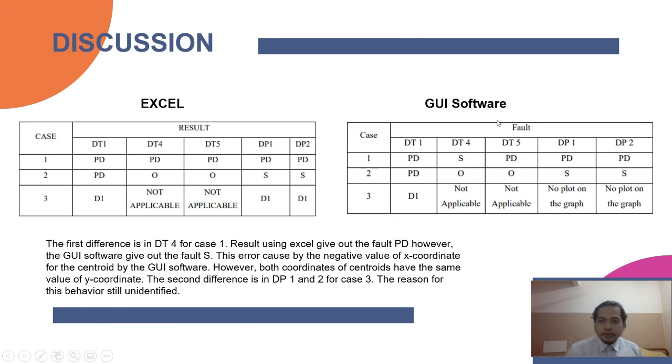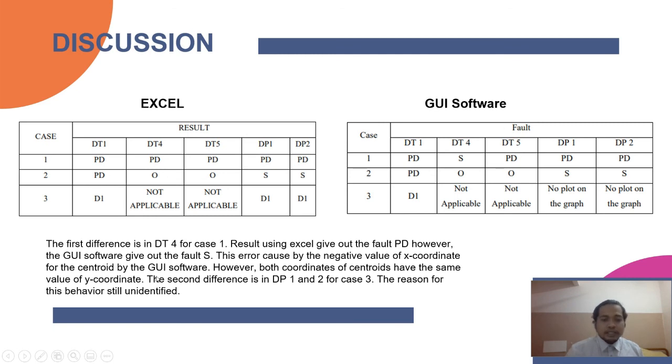However, using the UI software, we get the fault for triangle 4 as S. This error is caused by the negative value of the X coordinate for the intersection of the 3 gas concentrations. However, both coordinates of the centroid have the same value, which means in the future there will be more conditional statements in the coding.